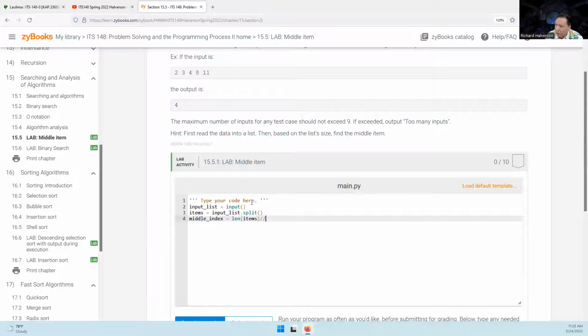I better do an integer divide, and then I'm supposed to output it, print items, and it's an array, so not an array, it's a list. It's a Python list, which is an array in any other language, middle index.